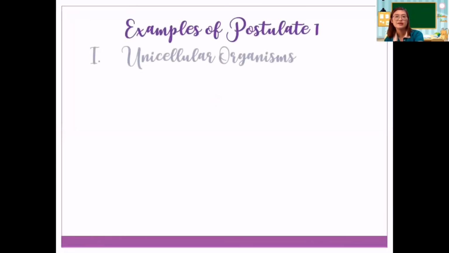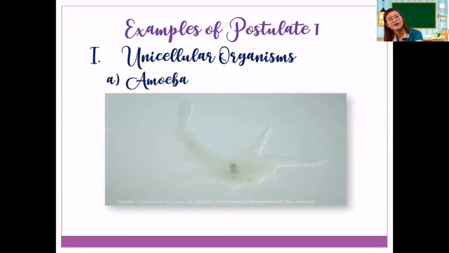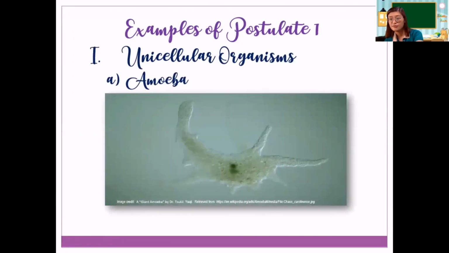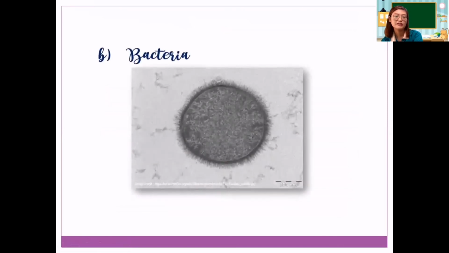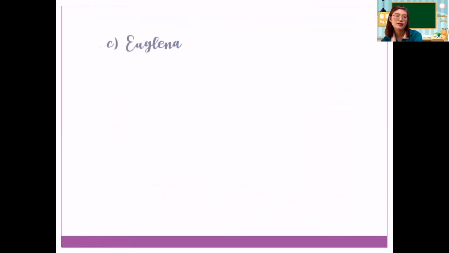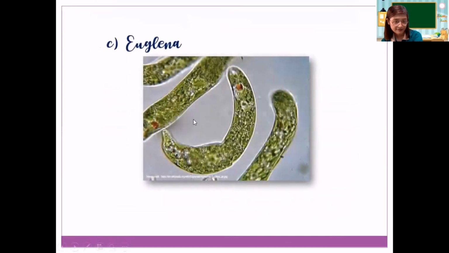Examples of postulate 1, unicellular organisms. An example is an amoeba. I'll give you pictures so that you will know how these organisms look under the microscope. That is the amoeba, a unicellular organism. Another is bacteria, a unicellular organism as well. We have Euglena.